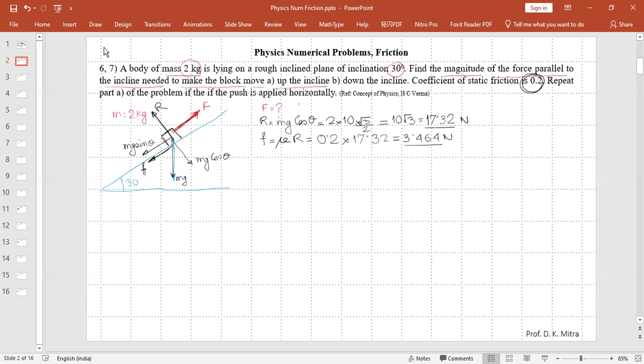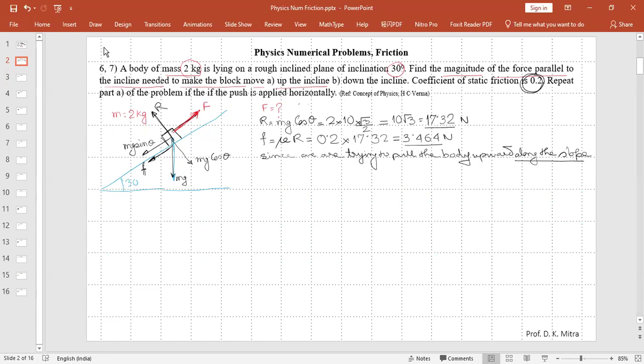Now consider, since we are trying to pull it upward, along the slope. This is important. Along the slope. If we are trying to move the body upward along the slope, then we only have to equate the forces which are along the slope.